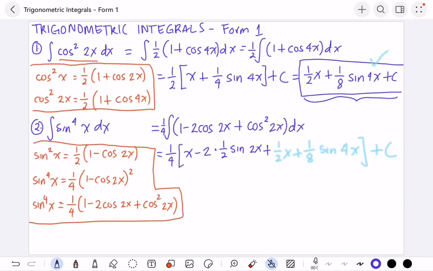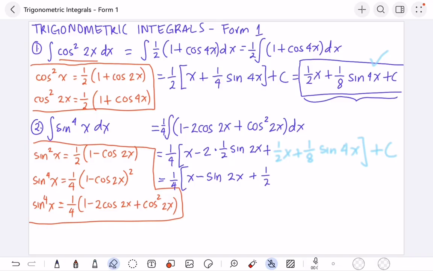Okay, let's continue. Continuing, I have here 1/4 times x minus sine of 2x plus 1/2 x.